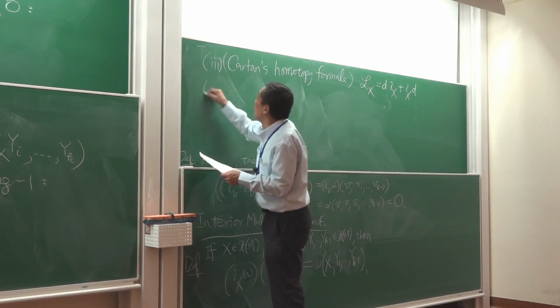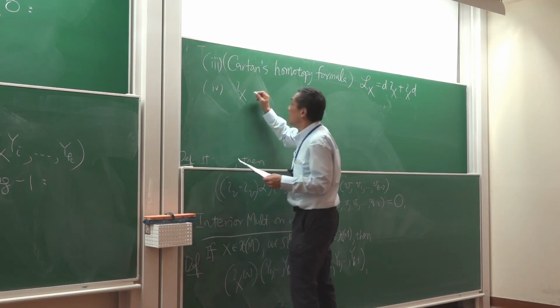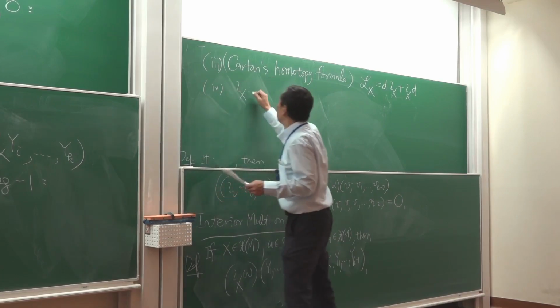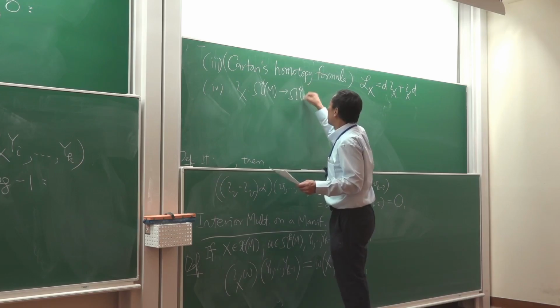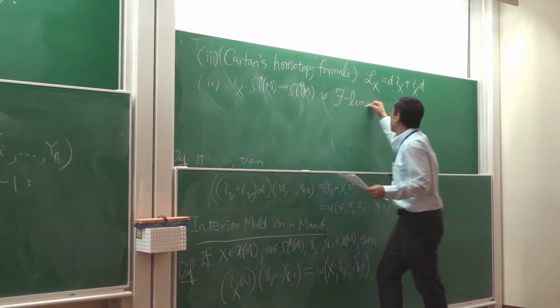And then the fourth property is that Ix, which goes from forms to forms, is F linear.